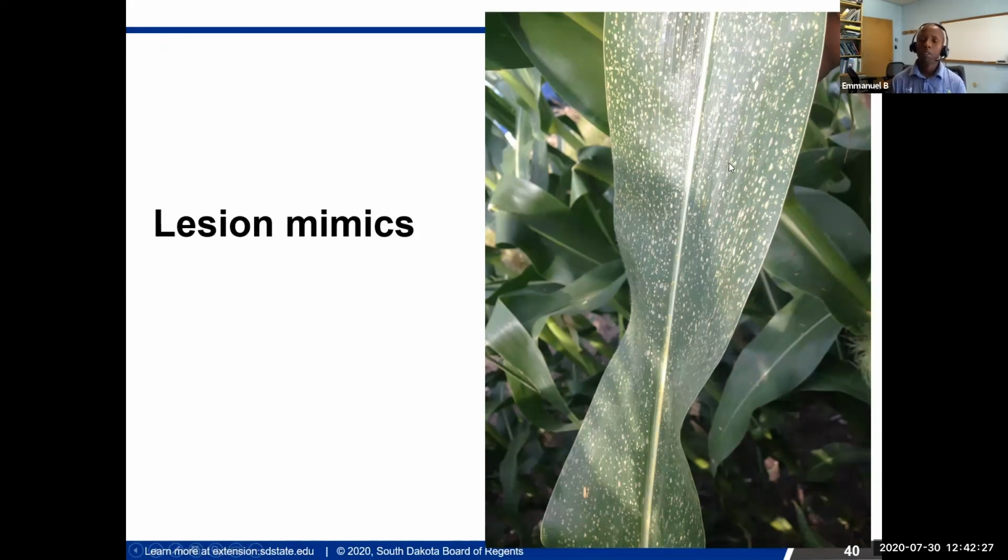But wherever you see sort of a systemic, same level of development of these lesions on the entire plant, and usually a single plant or a few plants in the field, that likely is going to be due to lesion mimics, and it's not going to be due to disease caused by a biological agent.